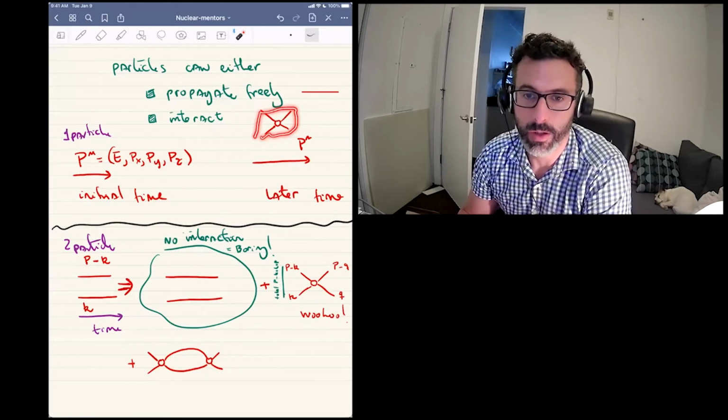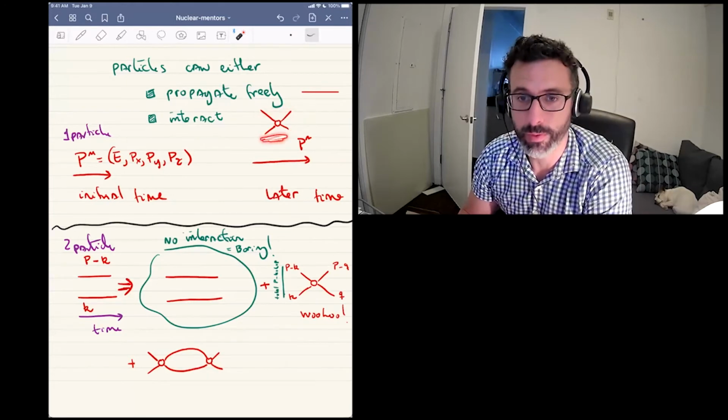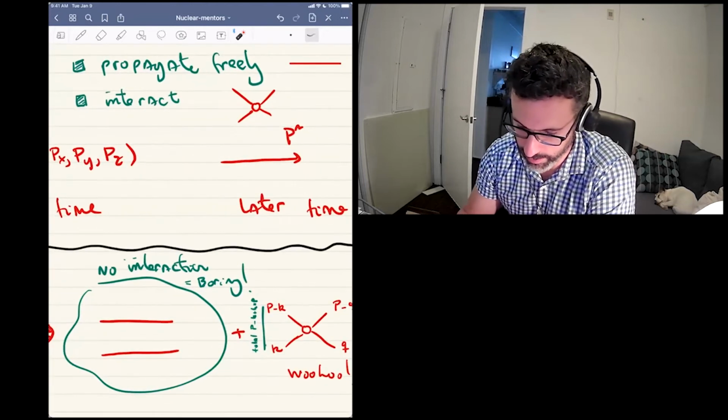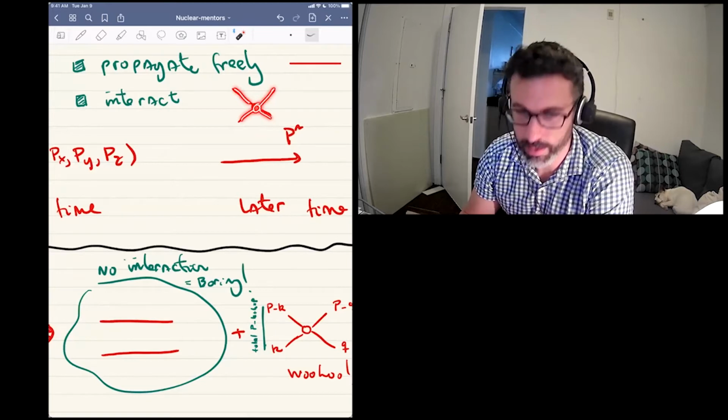So the only way that they can interact is this rule right here. So if you can explain to me how I can have a decay with this one possible interaction, which is literally saying you have particles coming in, they interact, and then they go away.